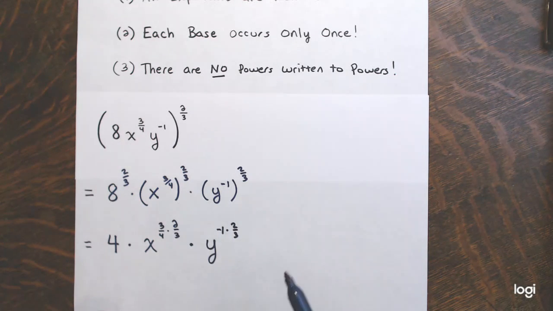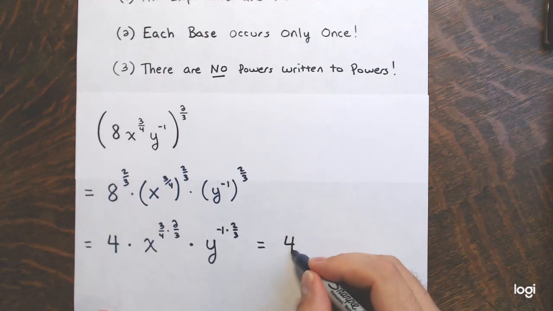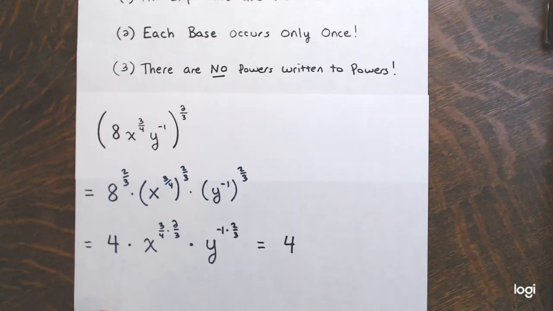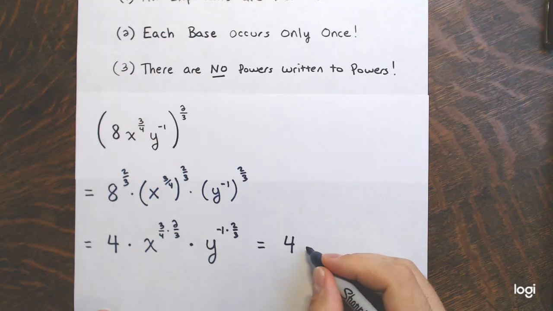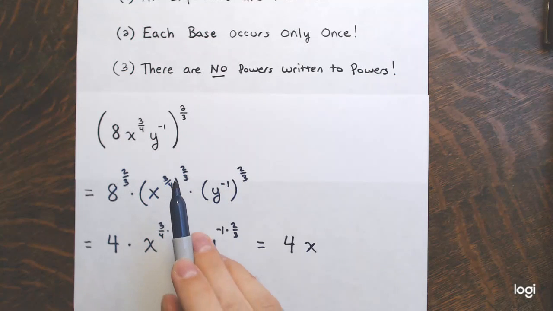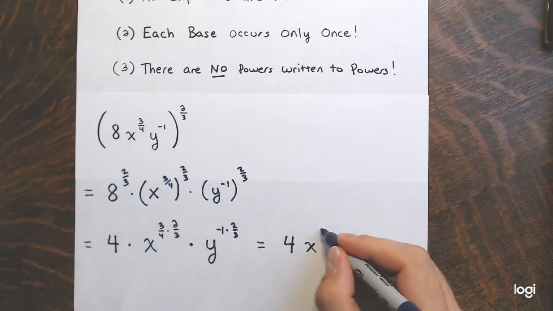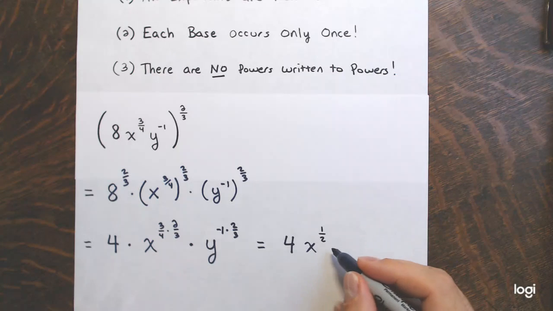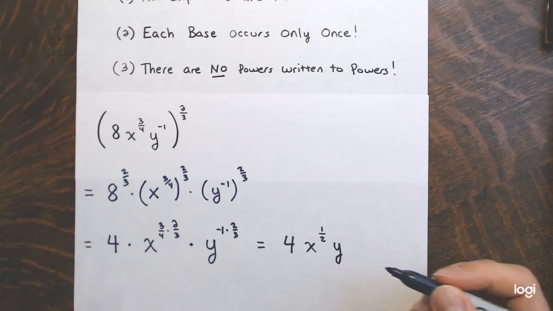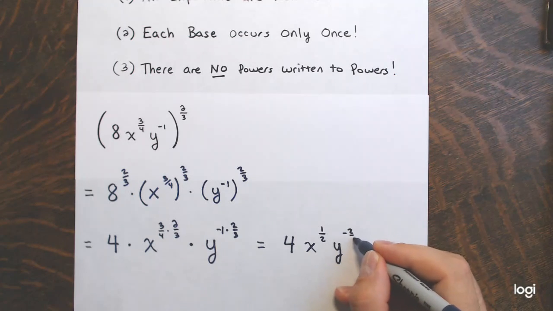All right, so going over here, we got the 4, or 4 over 1 if you want to think of it that way, times x to the, this power, this 3/4 times 2/3, that'd be, 3 times 2 is 6, 4 times 3 is 12, 6/12, which reduces to a half, and then times y to the, -1 times 2/3 would be -2/3.